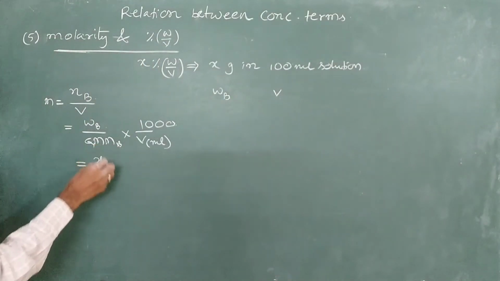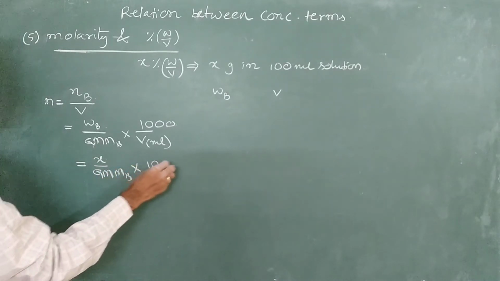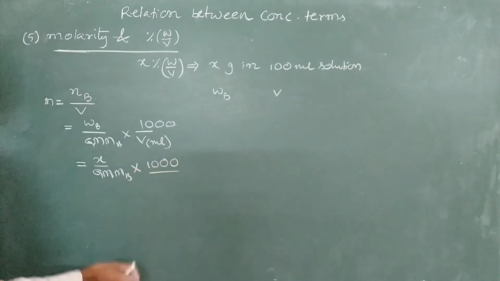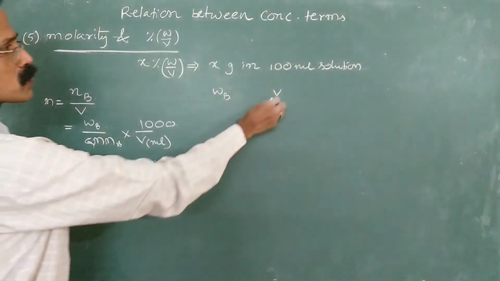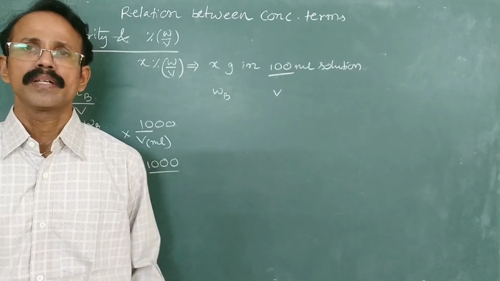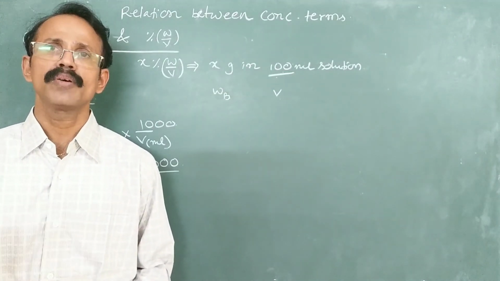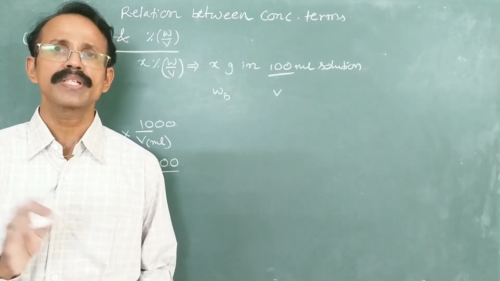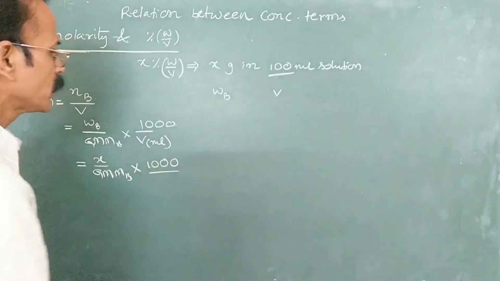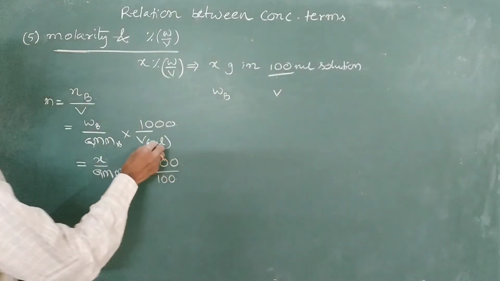So X divided by gram molar mass of solute into 1000 divided by volume of the solution. For the volume of solution we can write directly 100, because we are talking about percentage mass by volume, so the volume of the solution is always 100 milliliters here. So we will substitute 100 for the volume of the solution.